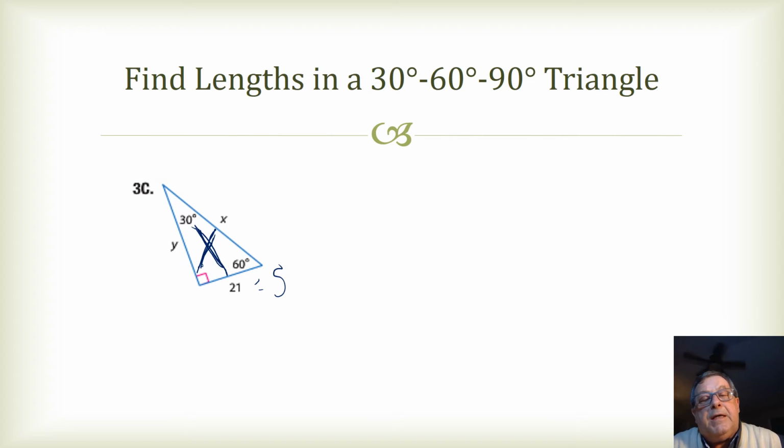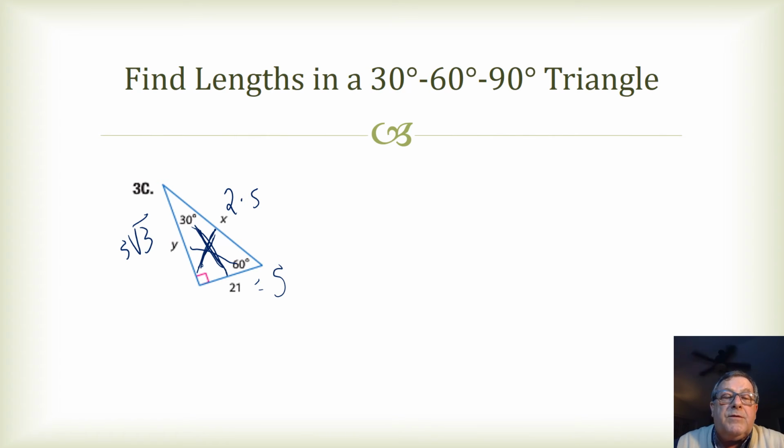That means the hypotenuse is 2 times s, and this longer leg, the one across from the 60 degree angle, is s times the square root of 3.